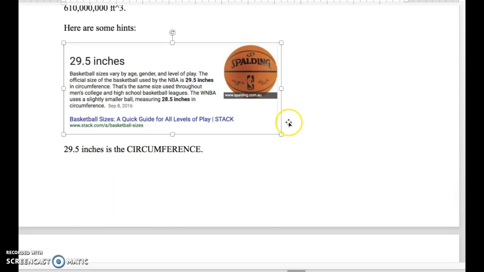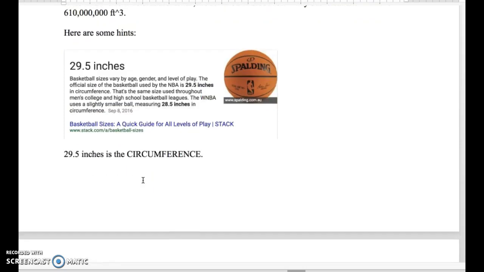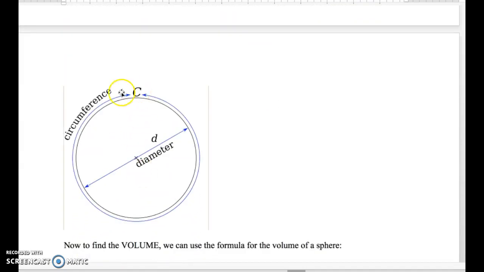One is that it's in inches, and everything else I have is in feet. So now I'm going to have to do some conversions. Also, this is a circumference. I need volume, remember? Well, what is the circumference? The circumference is the distance around the basketball at the longest, at the center of the basketball, all the way around.